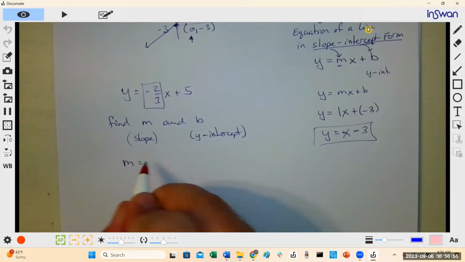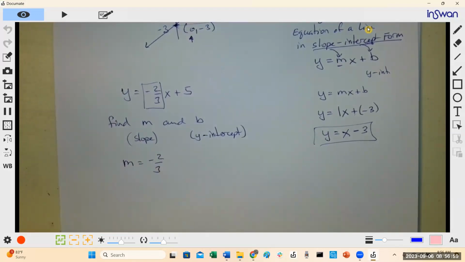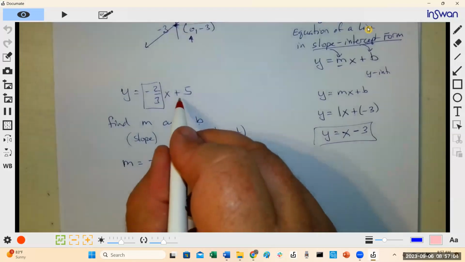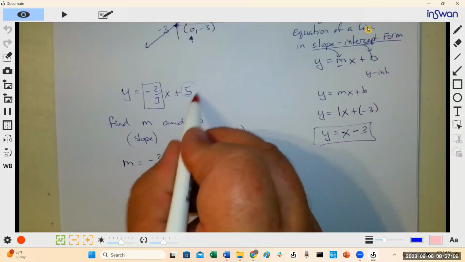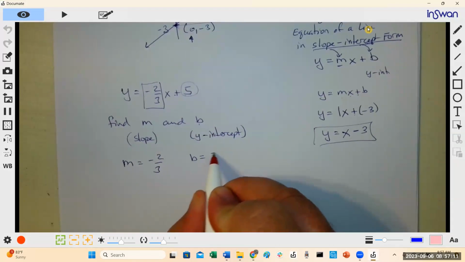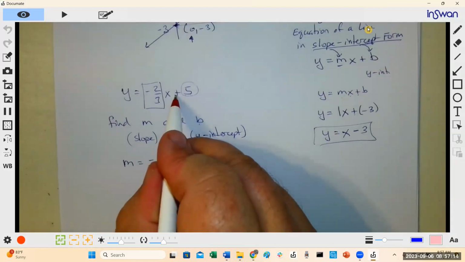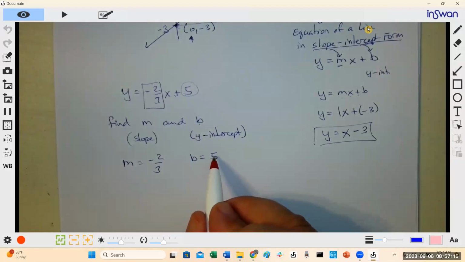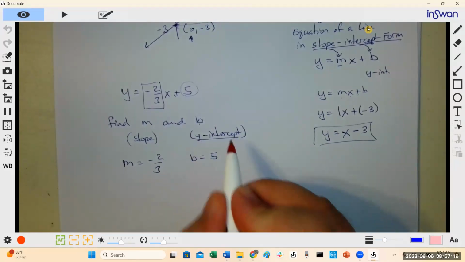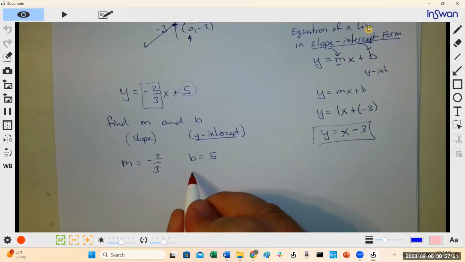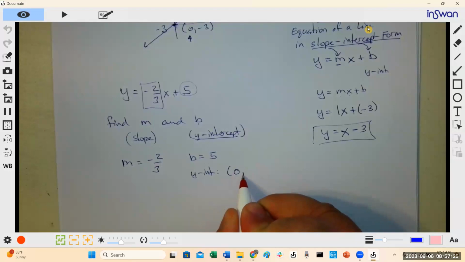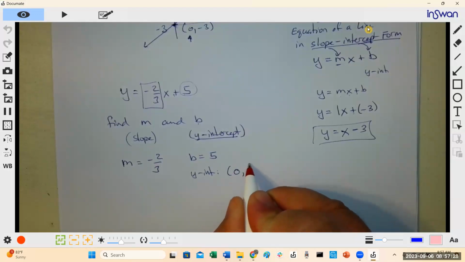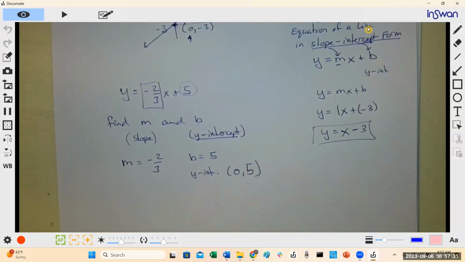So the slope is -2/3. The b value, remember the equation is y equals mx plus b, so this is b. If it was a minus, then it would be a -5. But the y-intercept is a location, it's a point. It's at 0, 5.